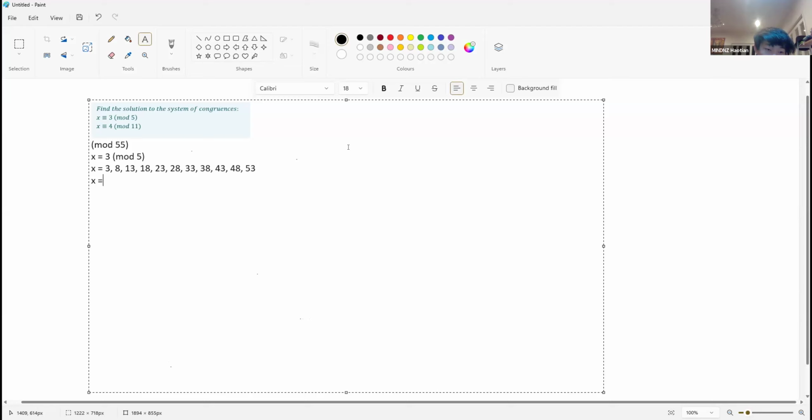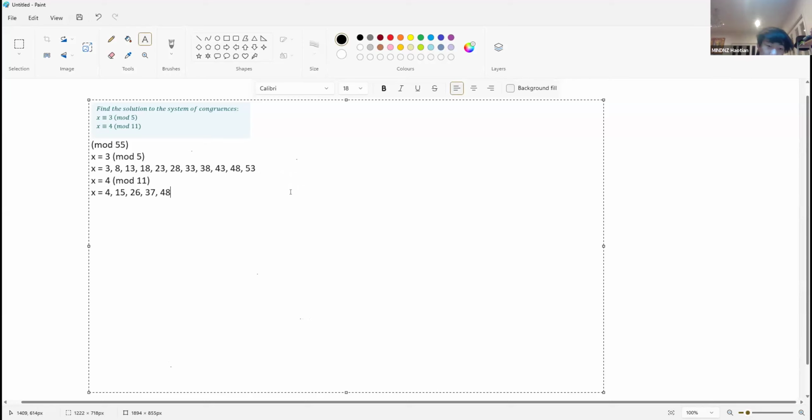And we also know that x is congruent to 4 mod 11. So x is equal to 4, 15, 26, 37, 48. And obviously this list keeps going, right? But we just want to consider the numbers below 55.